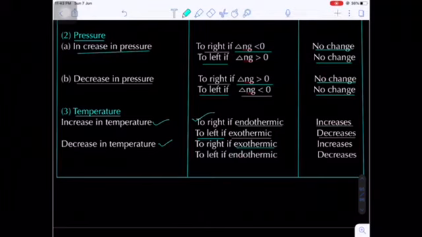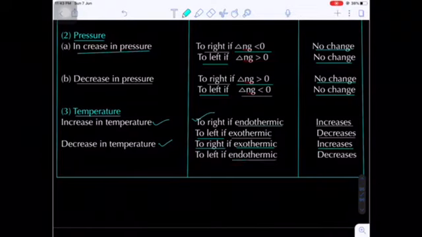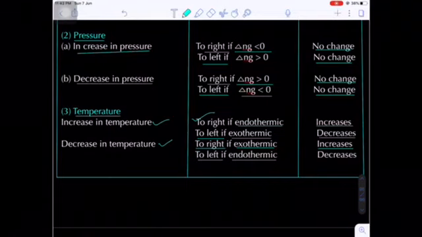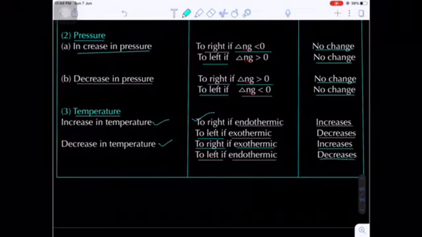Next case, decrease in the temperature. If it is an exothermic reaction, low temperature is favorable, that's why the system tends to move in the forward direction. Now, decrease in the temperature in an endothermic reaction: what happens? It moves to the left side. If you decrease the temperature in an endothermic reaction, the equilibrium constant also decreases, because it is directly proportional to temperature in endothermic reactions, and inversely proportional in exothermic reactions.